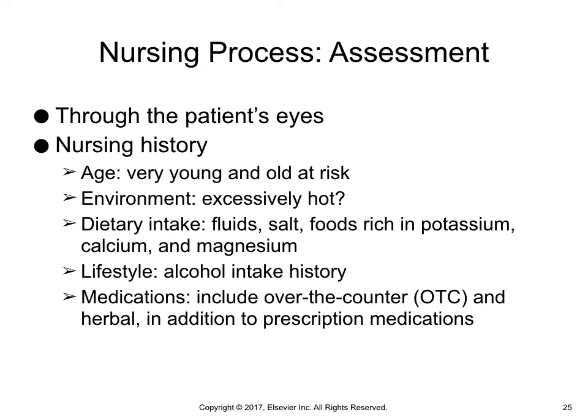Ask patients about their normal level of physical work and whether they engage in vigorous exercise in hot environments. Also ensure that the patients have fluid replacements containing salt available during exercise and activity. Assess dietary intake of fluids, salt, and foods rich in potassium, calcium, and magnesium.